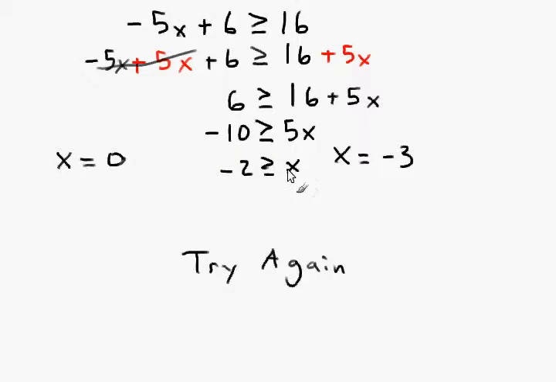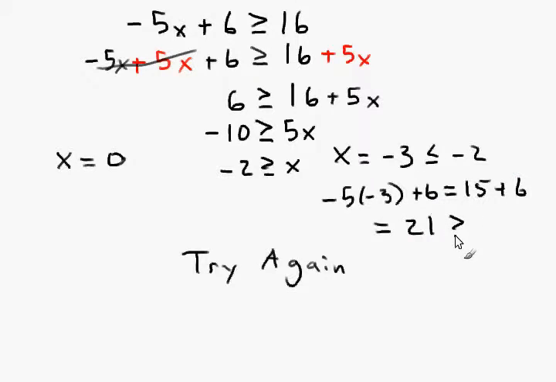So the values of x that should work are anything that's less than -2, like -3. And then we'll have -5 times the -3 plus 6. That's 15 plus 6, if you'll recall, which is 21, which is greater than 16.